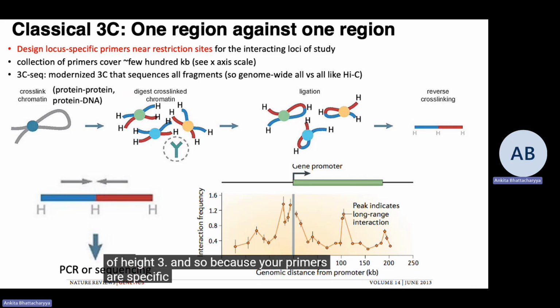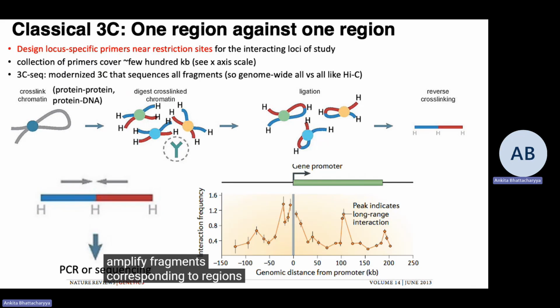Because your primers are specific to regions near the HindIII cut sites in locus 1 and locus 2, you're only going to amplify fragments corresponding to regions from locus 1 and locus 2 that are in close proximity.